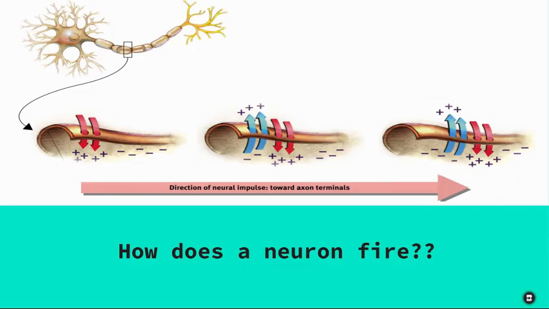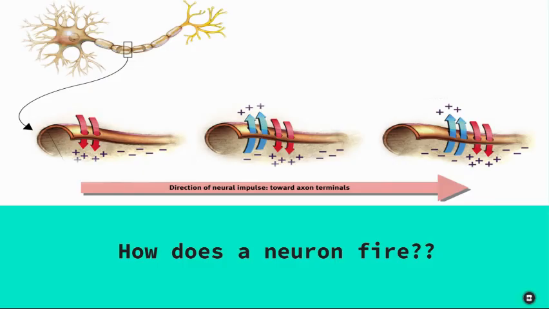So there needs to be enough positive energy entered into that axon to get over that threshold, or over that hill, for an action potential, or a firing of a neuron, to happen.